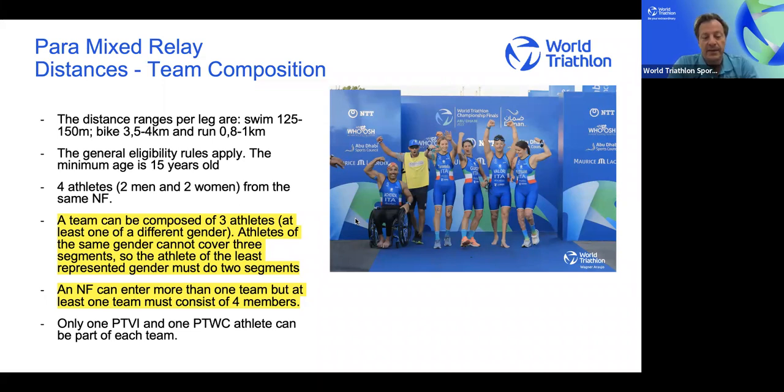And then we are allowing national federations to put forward more than 1 team, but at least one of those teams must have 4 athletes before they start doing some of these more flexible combinations. There must be a wheelchair athlete, because we will explain a little bit more on that in the coming slides, but a maximum of 1 wheelchair athlete and 1 VI athlete can be part of each team.